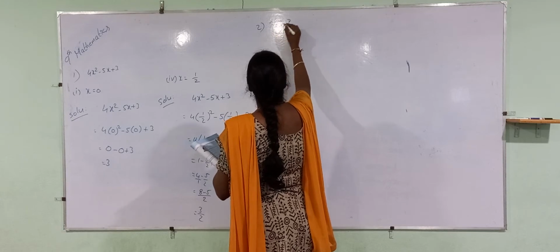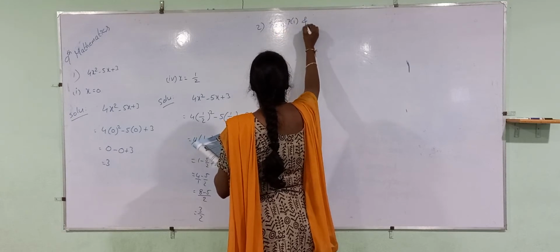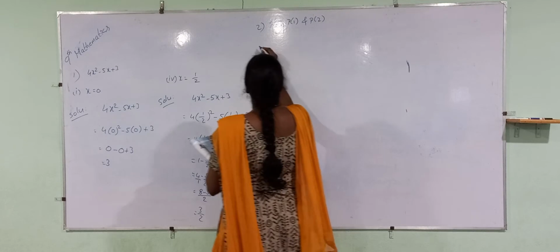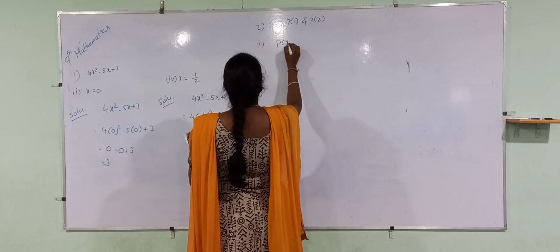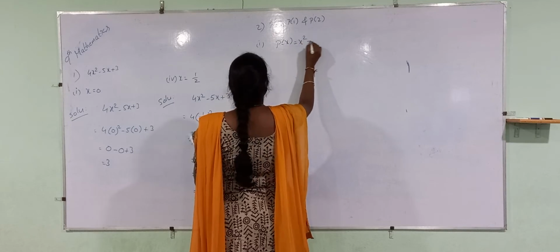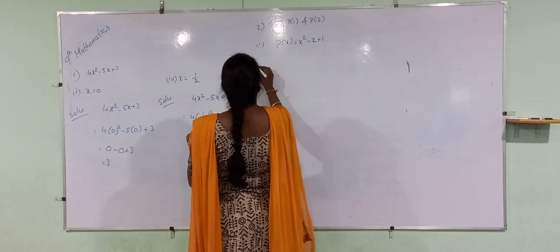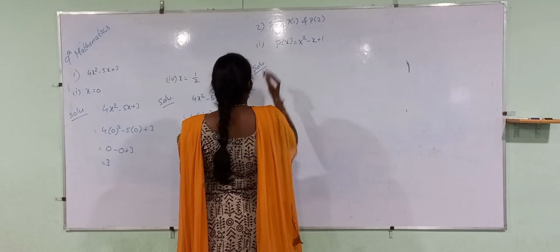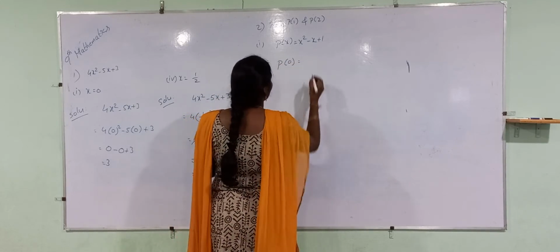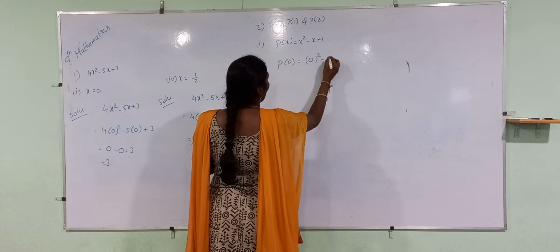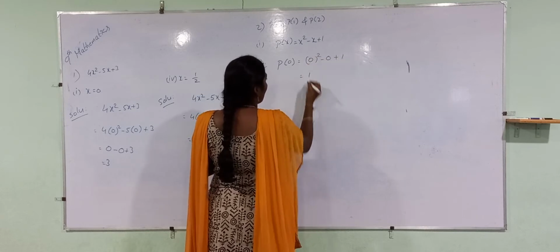P of 0, P of 1 and P of 2 we have to find out. The first expression is P of x equals x square minus x plus 1. So in this expression, first you have to find out P of 0, which means 0 square minus 0 plus 1. Answer is 1.